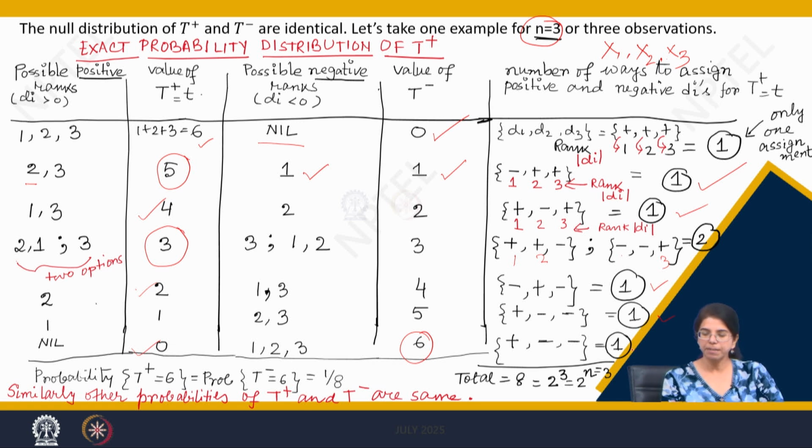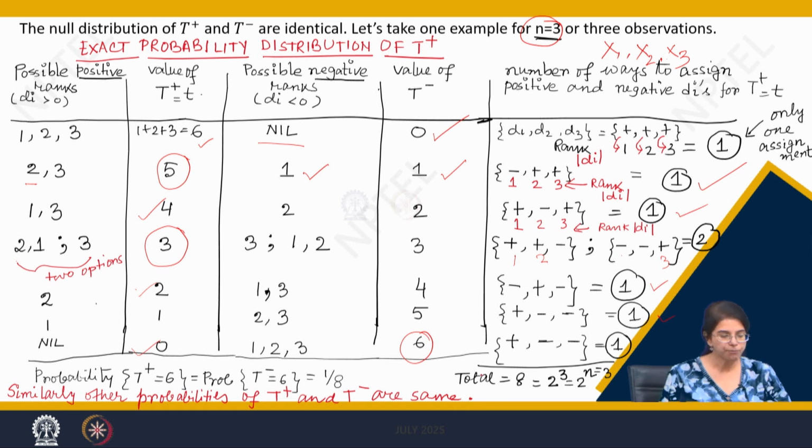See, what is the probability of t plus is equal to 6? 1, and total assignments, how many assignments can one make? You can just count it out: 1, 1, 1, 3 plus 2 is 5, 6, 7, 8. So altogether 8 types of assignment, right? So the probability will be 1 by 8.